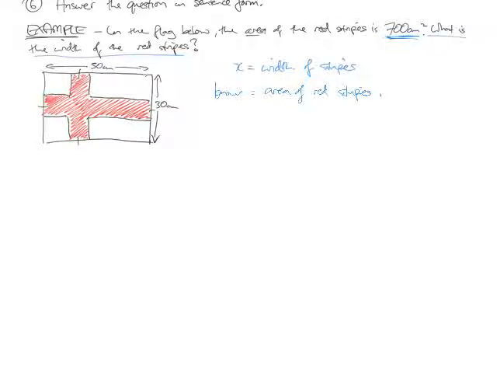The way that we're going to do that is work out an expression for the area of the red stripes, because we know the total area of the red stripes. So this is the area of the red stripes.